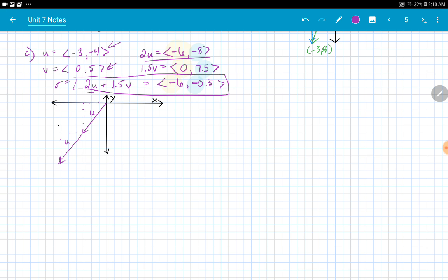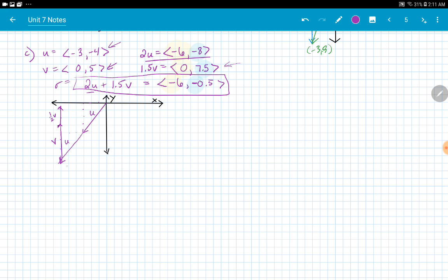And then 1.5v is this. So I can go 0, 7.5, or 1, 2, 3, 4, 5. Recognize that's v, and then half of v is going to be 2.5. So here's my v, and here's my half v.